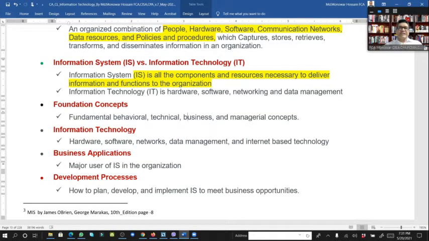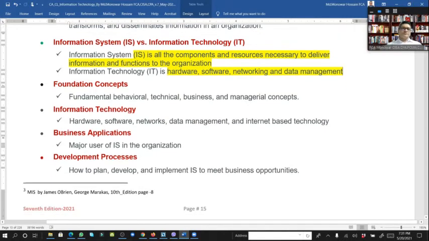And information technology means the combination of hardware, software, network, data management, and data communication, etc. So the information system depends on the technology, and the technology also depends on the system.